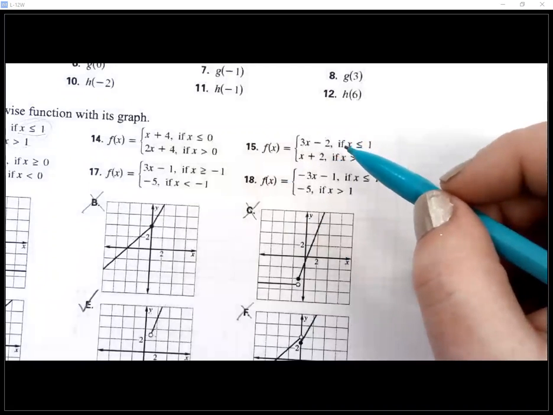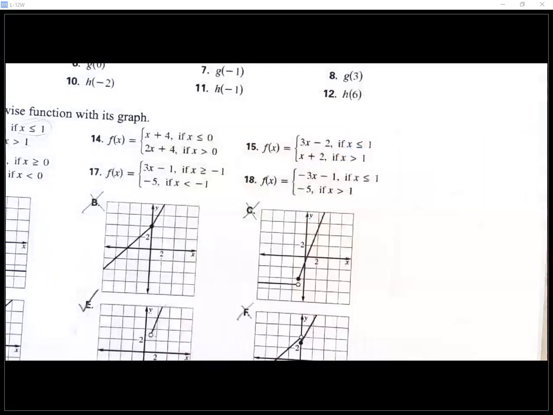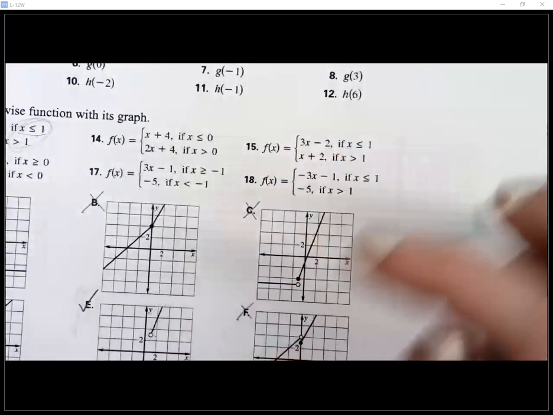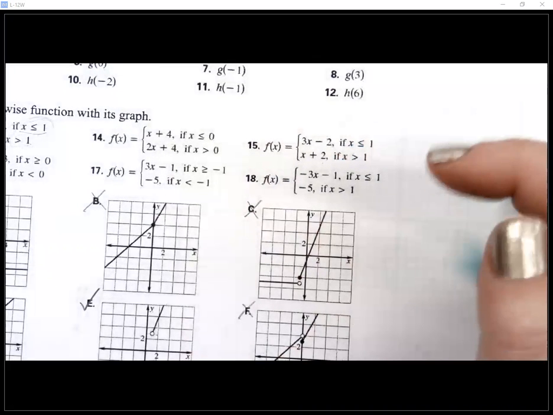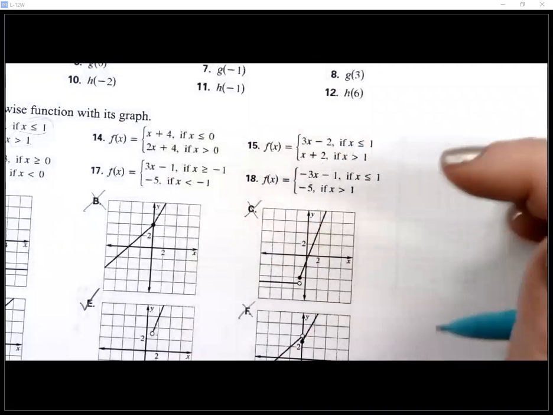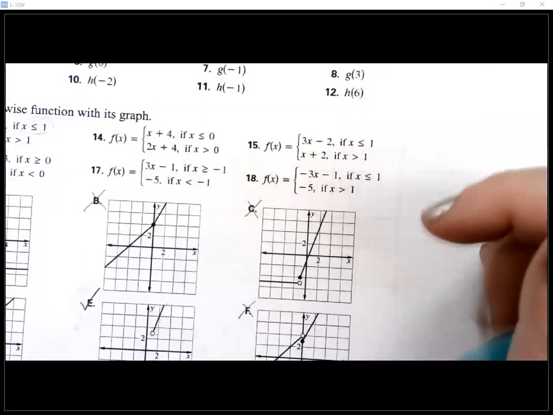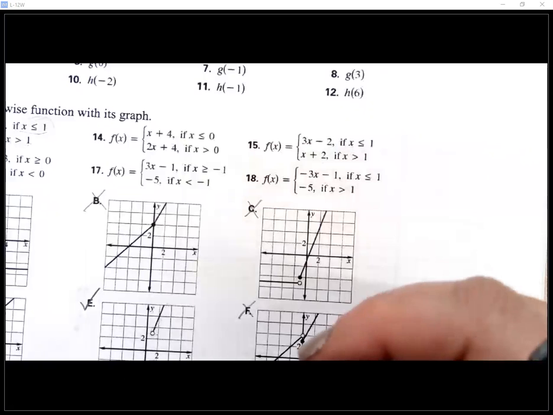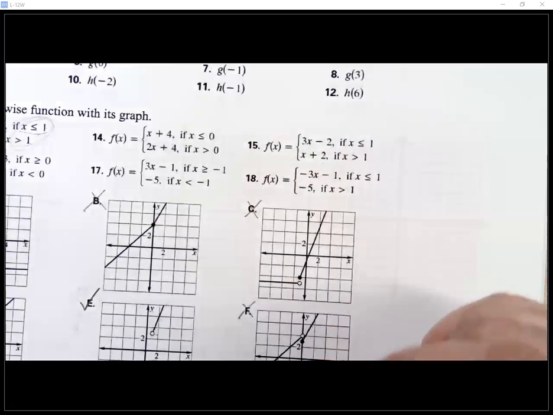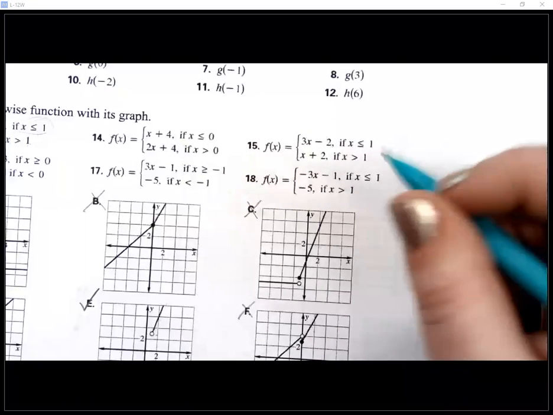I've got it. You got it? Zach, what is it? I agree. It's got to be D. I want 3x minus 2.